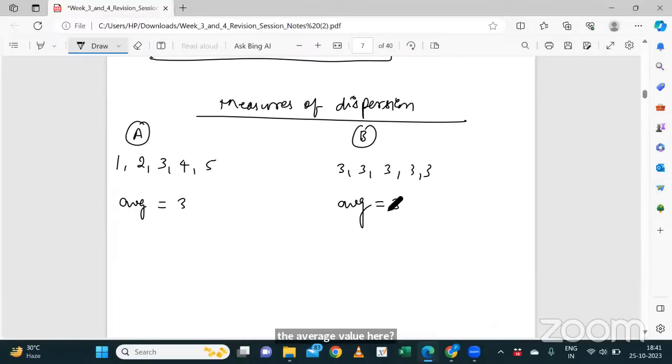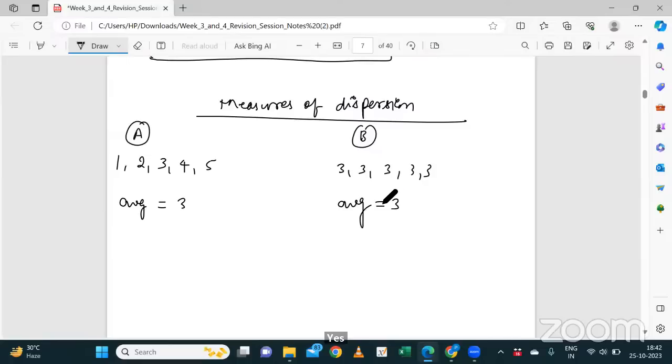Now suppose I told you the annual average package in both universities is the same. In reality, is that correct? No, sir. The average package is 3, but I can't say both are the same, because the data are varying.